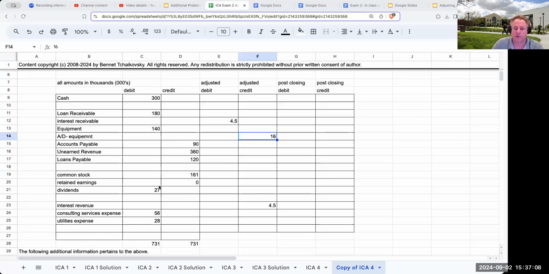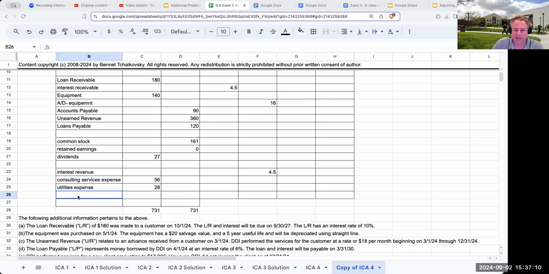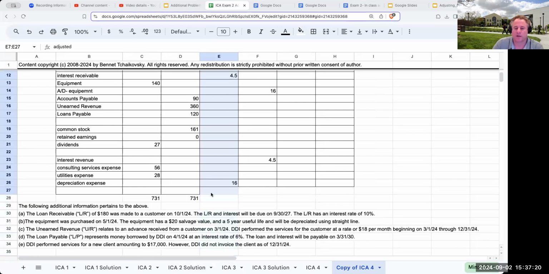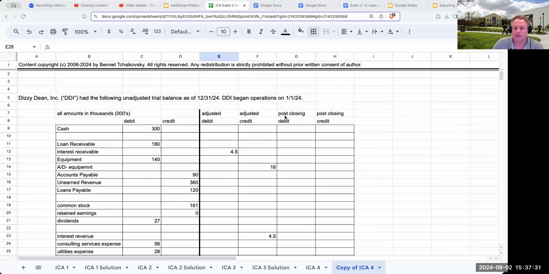Show this over here as equipment for a credit of 16. And I'm going to debit depreciation expense. Again, I'm doing this over here in my adjusted. I'm going to put a darker line right here just to make sure that we're keeping things separated. Okay, all right, so we're doing this right over here.